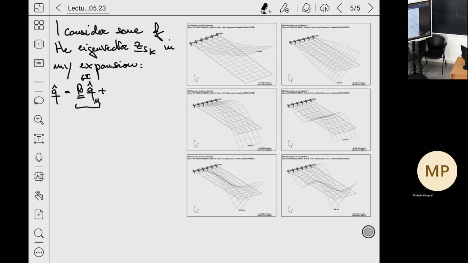Plus, for example, ZS1, another coordinate which we call eta, and then we will see why we call it eta, eta S1, plus, for example, ZSR, whatever, times eta SR. Okay, so, for example, I consider the first R modes in my expansion.